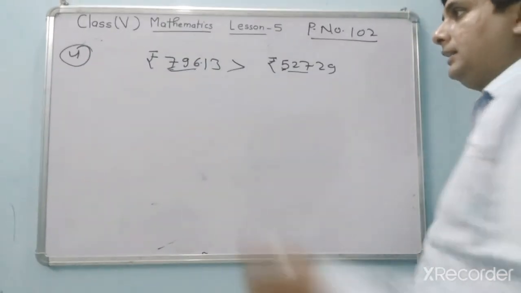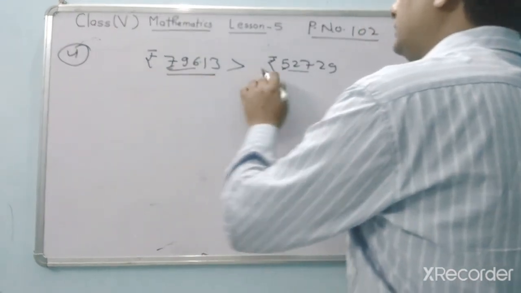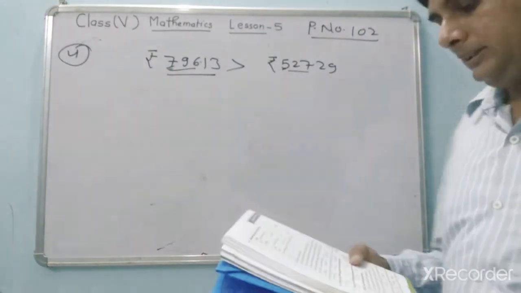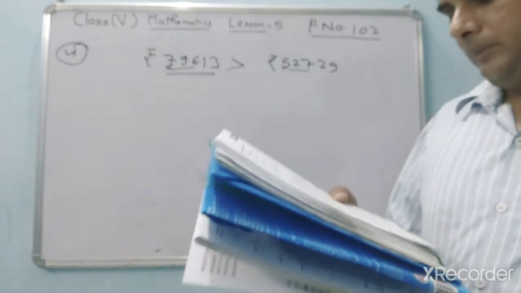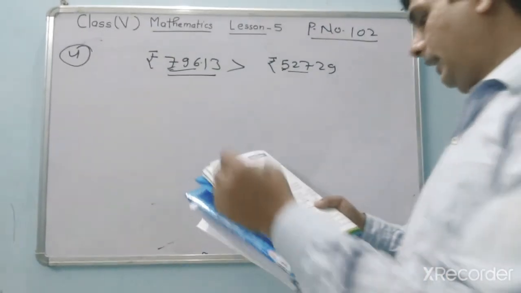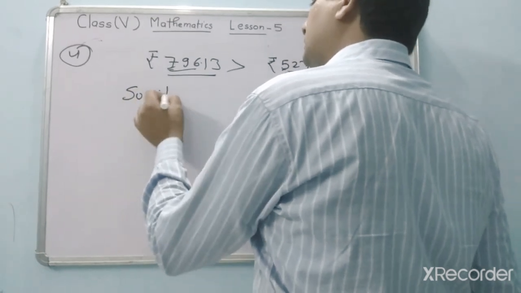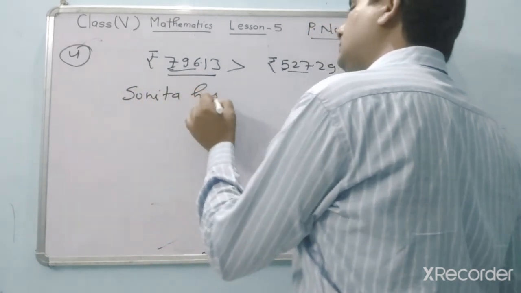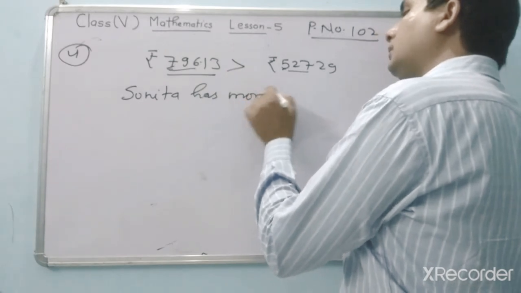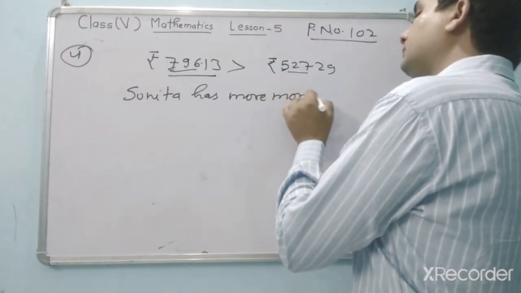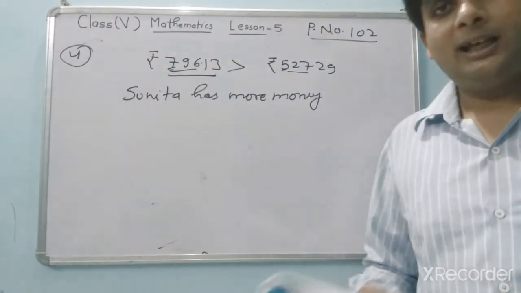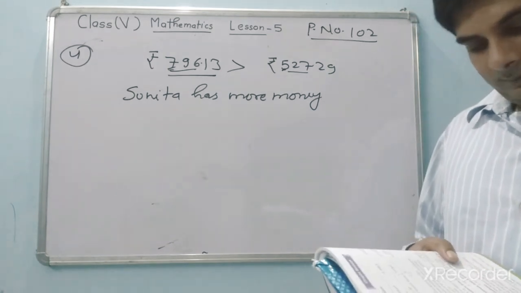So you can say this 796.13 is bigger than 527.29. So who has more money? Sunita has more money. Okay, Sunita has more money.